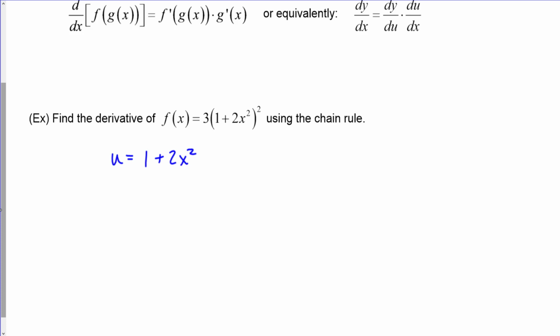That means that f of the variable u would look like 3 times u squared. Now, the derivative of f with respect to u is pretty straightforward. We do this outer function, so it's the power rule. So bring 2 times 3, which would be 6, so that's 6u.